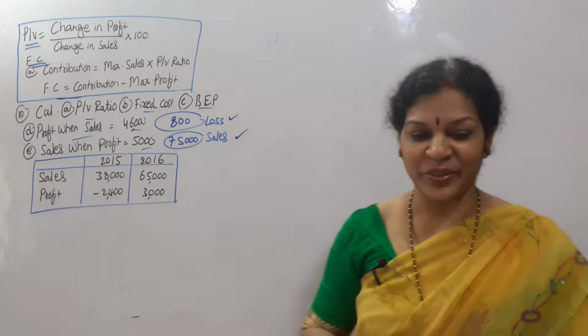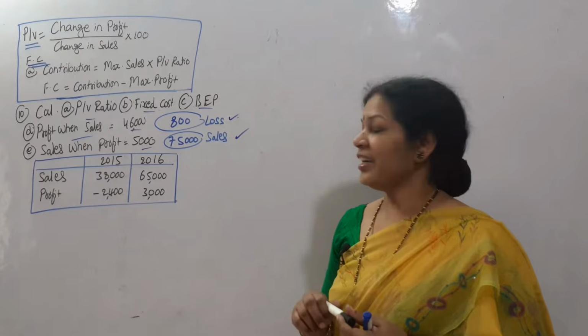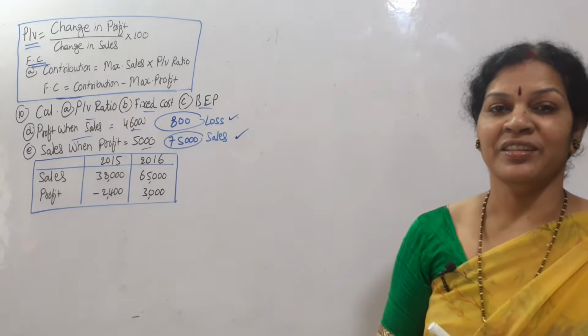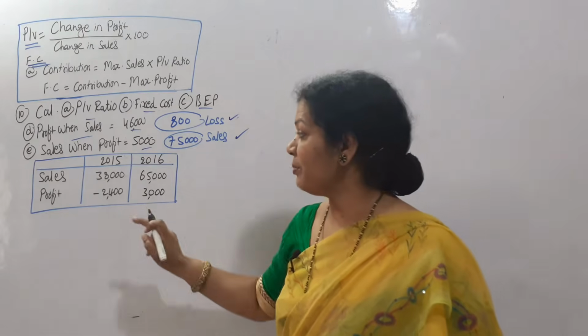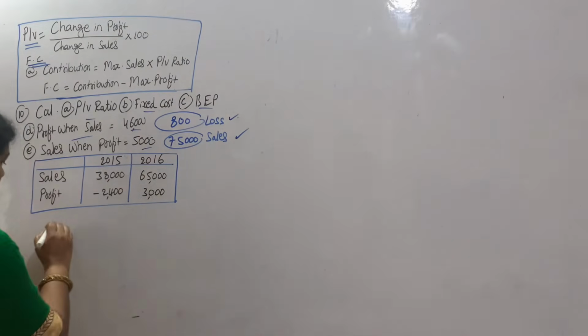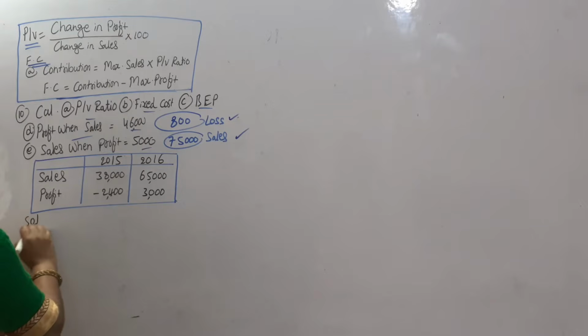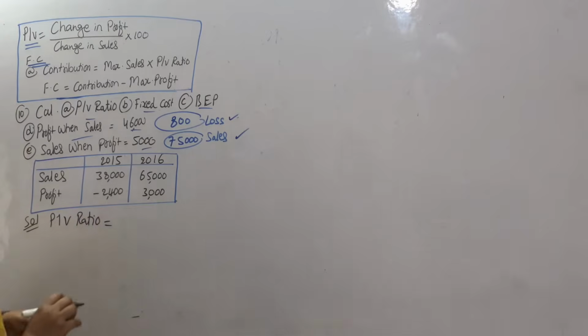Now let me work out the rest of the problem. Half the problem I will work out. So the first thing is that we need to calculate the PV ratio. Please be careful, there is a minus value. Solution: PV ratio is equal to change in profit.